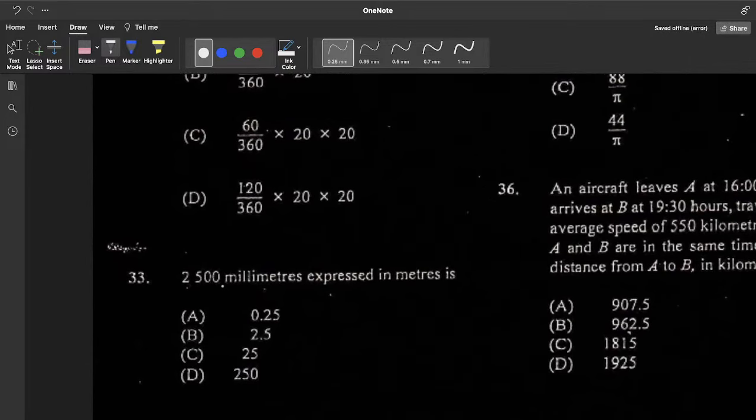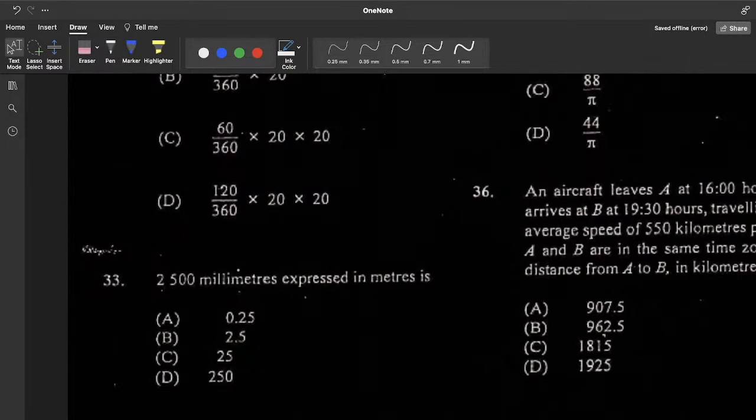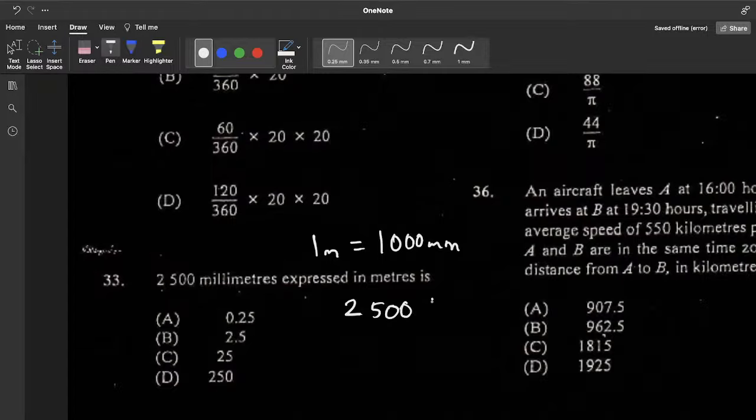Now in this case it says 2,500 millimeters expressed in meters is. With this one here we know that 1 meter is basically 1,000 millimeters. So what we would do in this case is basically just divide. So we'd say 2,500 divided by 1,000.